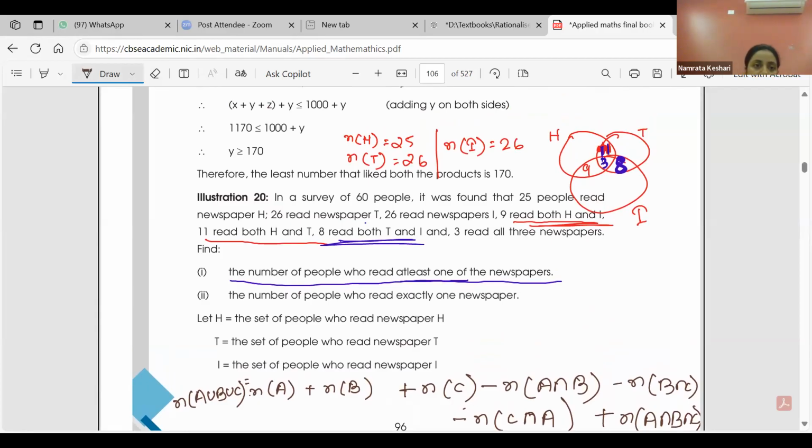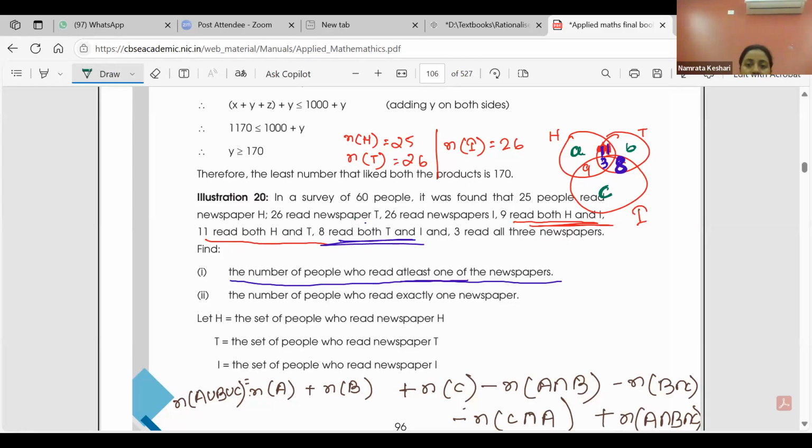So suppose you have A over here, B over here, and C over here. Only in H is A, only in T is B, and only in I is C. Making sense? Yes, ma'am.